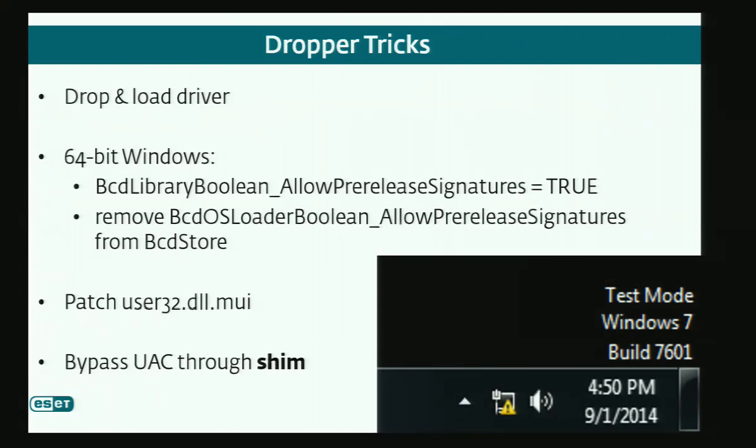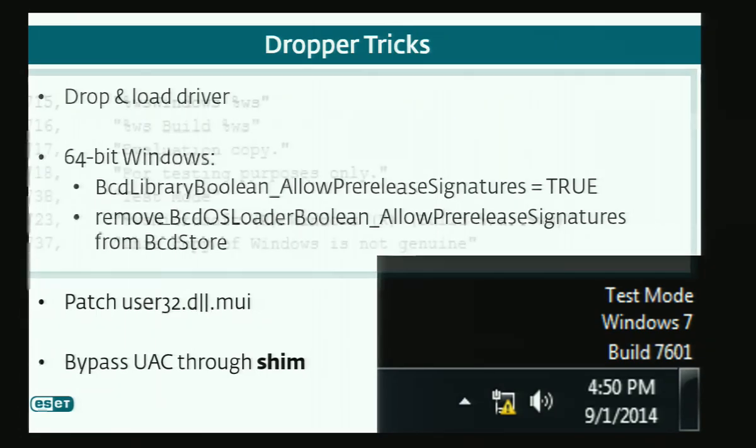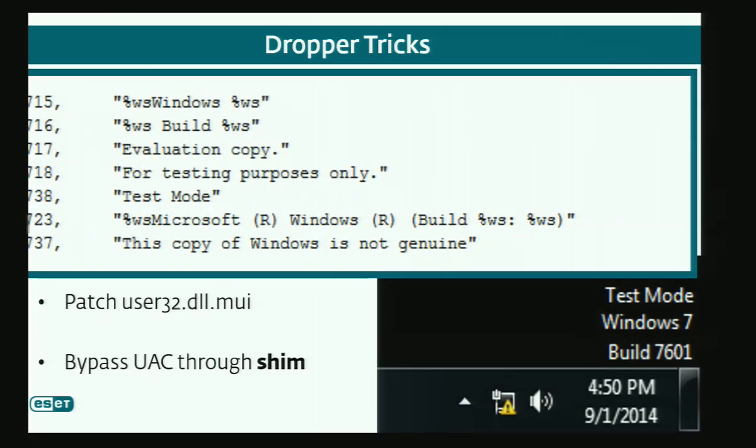And in order to hide that and stay under the radar, BlackEnergy will patch the user32.dll.mui, which is part of the multilingual user interface. So these files contain the translations of all sorts of Windows text for all the languages which are installed in Windows. And so what BlackEnergy does, it simply blanks out these texts so they're not visible.